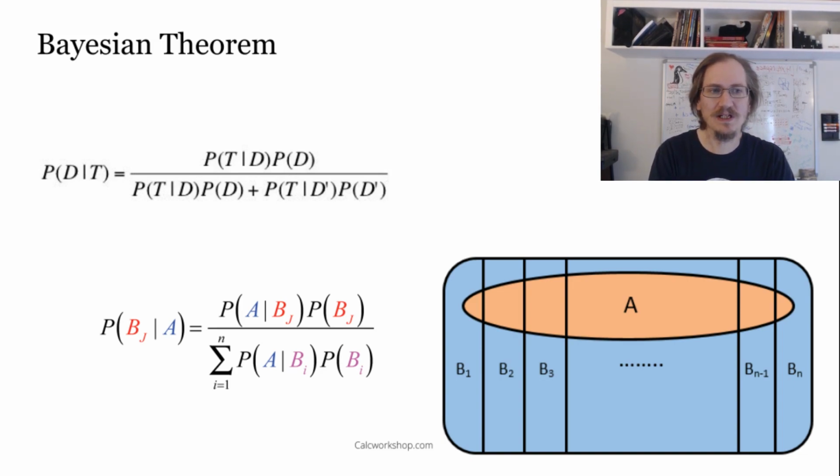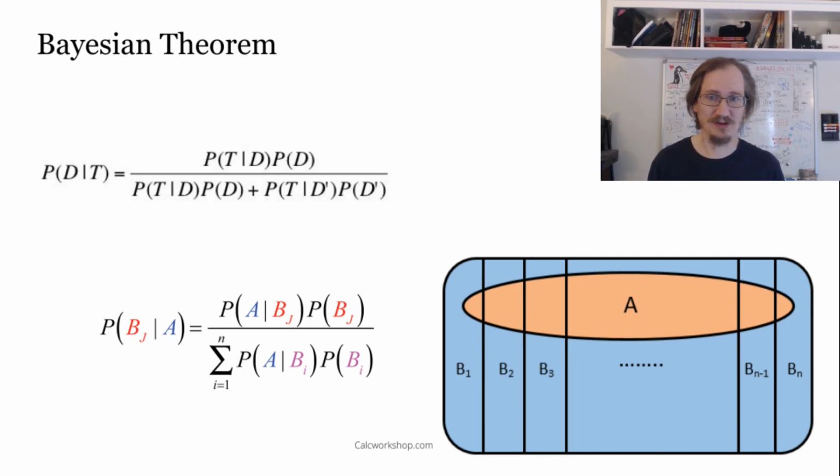And when you look at question 8 on the homework, you're going to be asked, what's the probability that you have a disease given that the test came back true or the test came back false, right? So if we know the test came back true, in the top equation here, T will be the test.